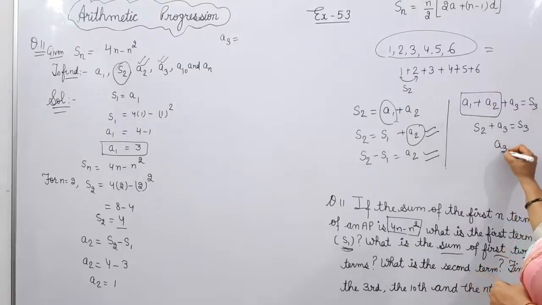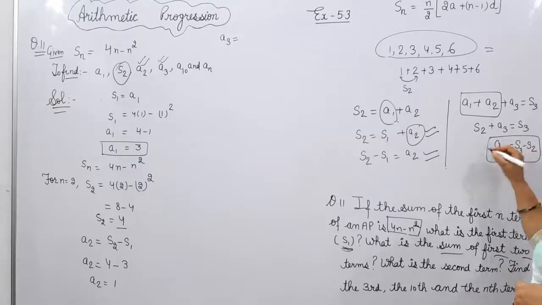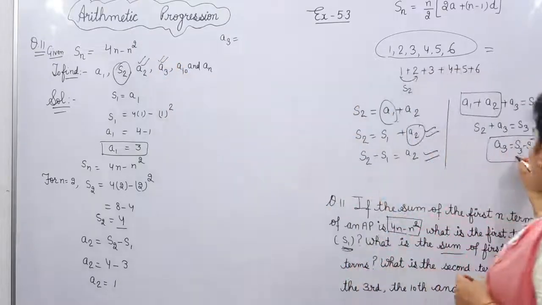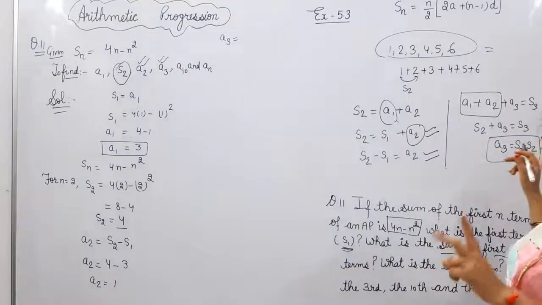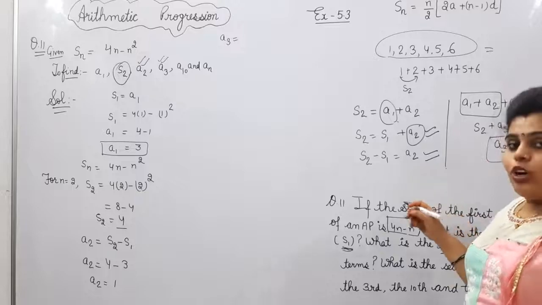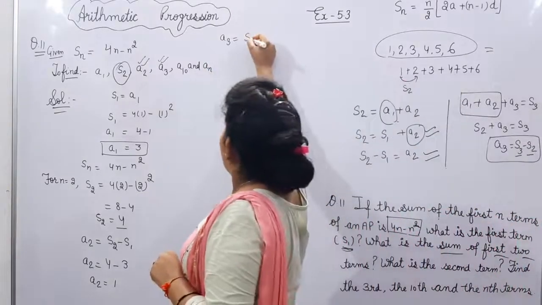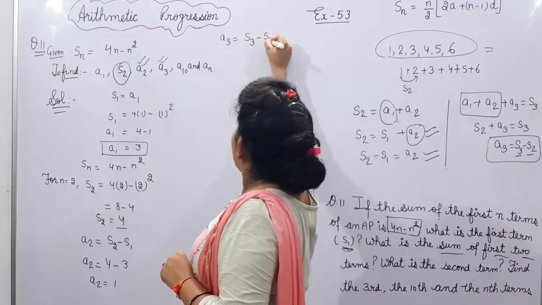This A3 is equal to S3 minus S2. Means if we have to find the value of A3, we have to find the value of S3 and S2, and for A3 it will equal to S3 minus S2.